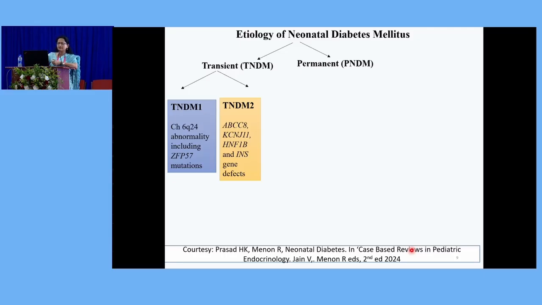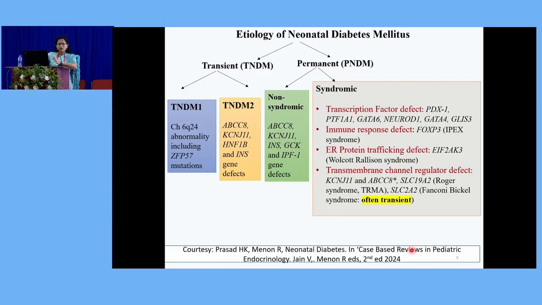I'll come to it later. TNDM type 2 is because of, again, ABCC8 and KCNJ11 mutations, also HNF1B, which we all know is causative of MODY5. But even as autosomal dominant, it may be associated with transient neonatal diabetes also. And again, the INS gene, if it is biallelic, causes transient neonatal diabetes.